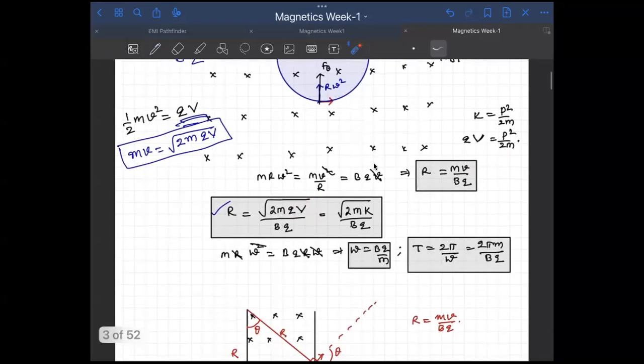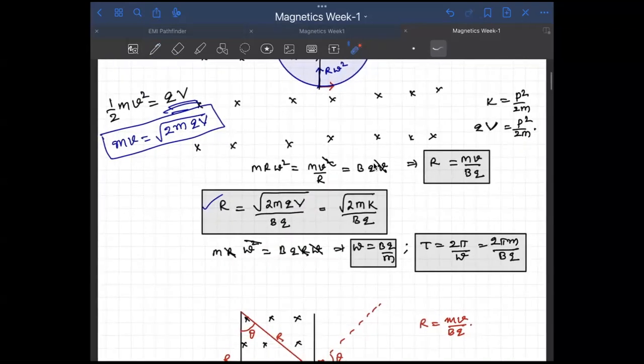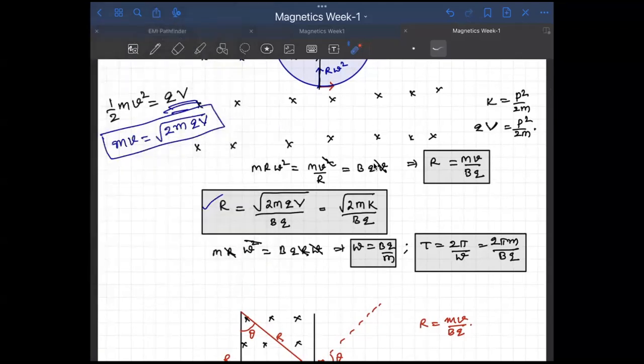And also you can give the expression in terms of omega. m R omega square is BQV. Right or not? So omega becomes BQ by m.